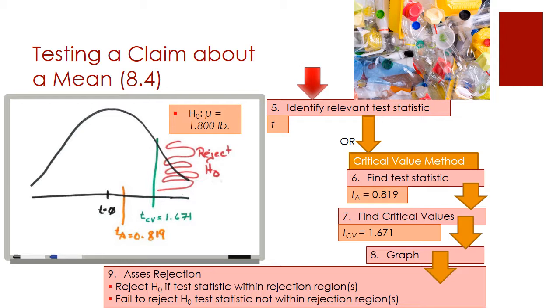So I use t subscript CV to mean my critical value, and t of A to represent the t value for my alternative from my sample. Does the t of A value fall within the rejection region or not? It does not fall within the rejection region, so we fail to reject the null for this particular test.